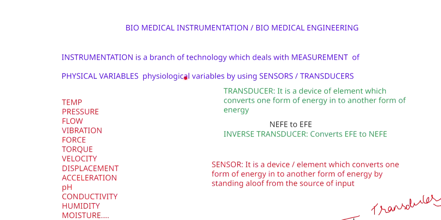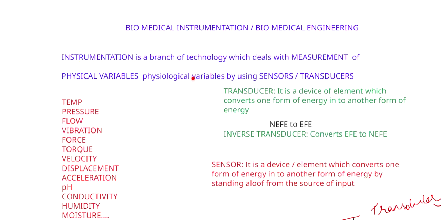If I want to measure steam flow coming into or out of a turbine, it is called a physical variable. If I want to measure blood flow out of the heart or into the heart, it is called a physiological variable.